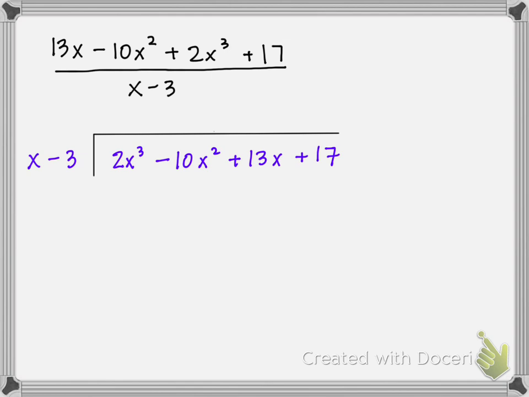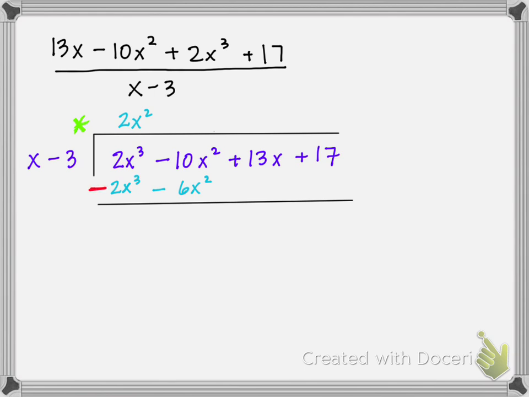So we have on the outside, we're asking ourselves the question, what times x is 2x cubed? Well, that's 2x squared. 2x squared times these two terms is going to give me 2x cubed minus 6x squared. From here, I'm going to use my red pen to change symbols.